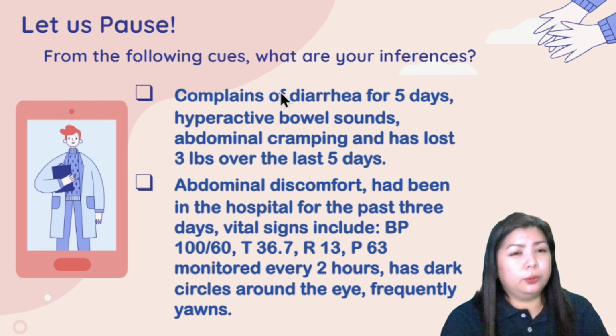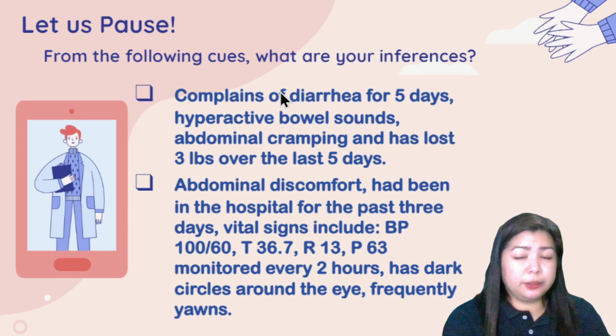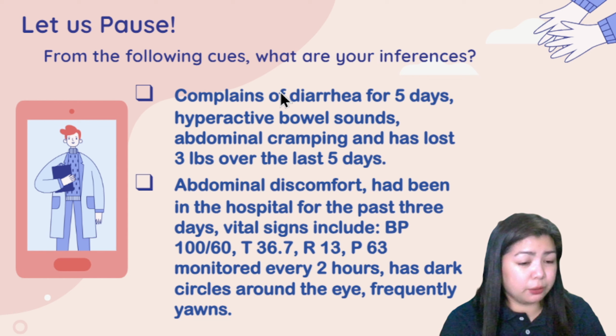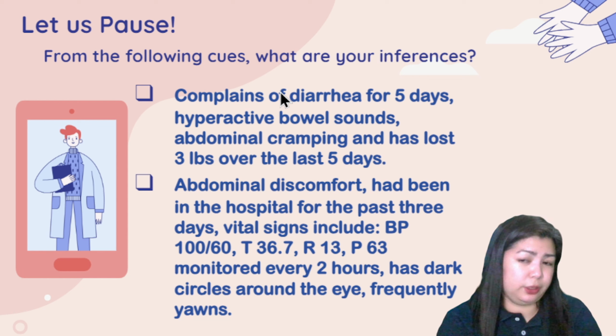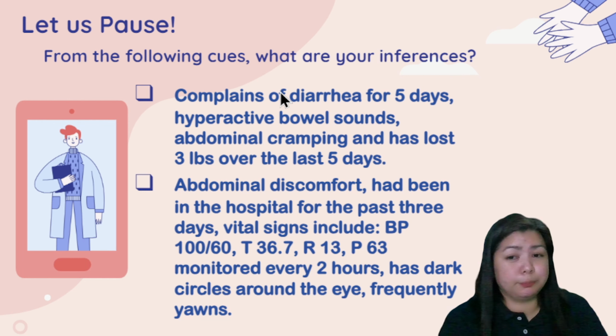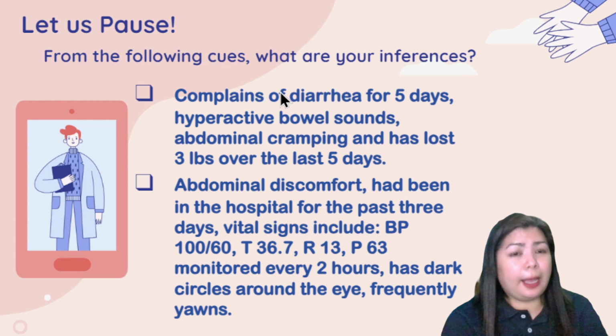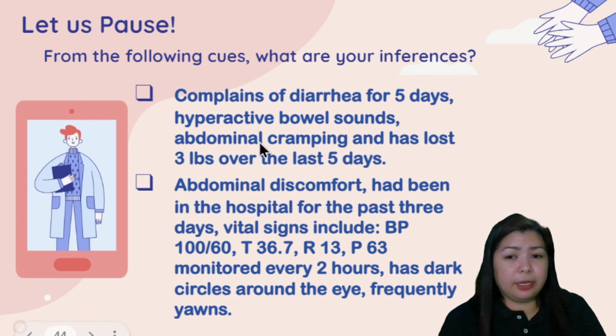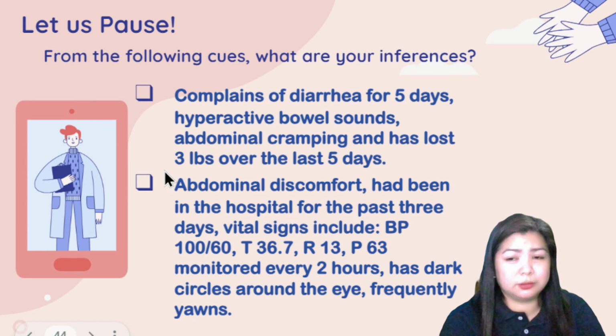For a prolonged period of time, the client is already having diarrhea. So it could be possible that the client now has dehydration if the diarrhea hasn't stopped or is persistently happening over the last 5 days, and another piece of evidence tells you that the client has already lost 3 pounds.